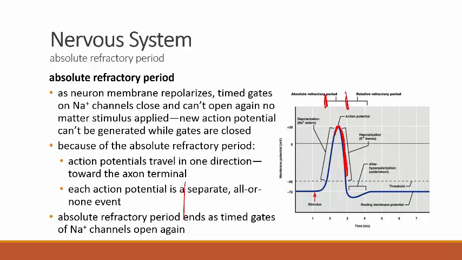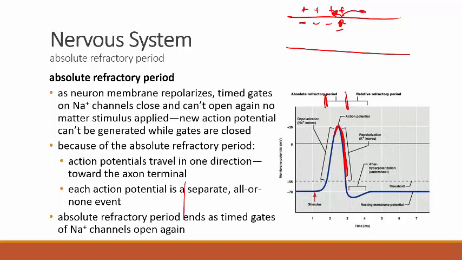So one of the reasons why knowing about this absolute refractory period is important is that if this is an axon again, and here it is negative, positive on the outside, negative, positive, and here is a section of membrane that is just going through the action potential. It's depolarized, and now it's repolarized. That depolarization that occurred cannot travel backward.